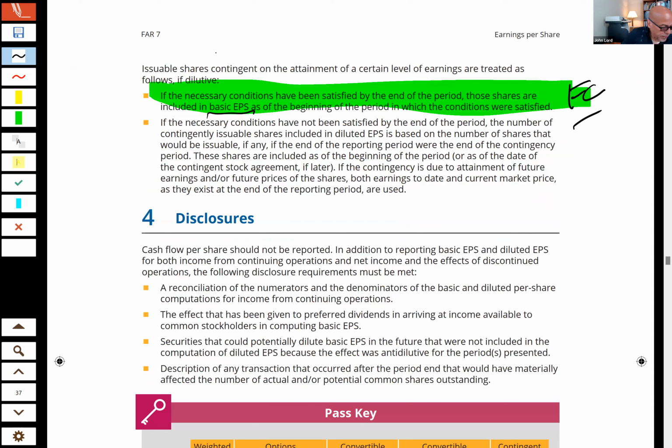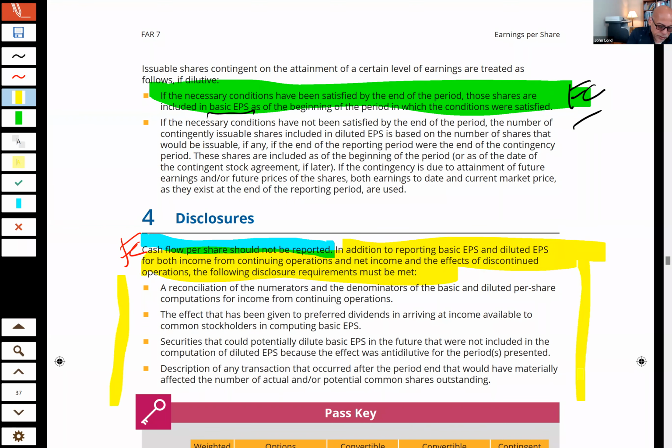Disclosure: cash flow per share should not be reported. Flashcard that. In addition, reporting the basic earnings per share and diluted earnings per share for both income from continuing operations and net income, and the effects of discontinued operations, the following disclosures are to be met.